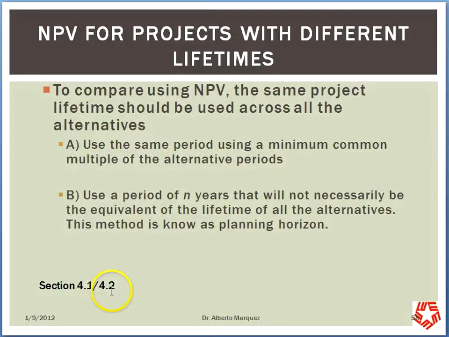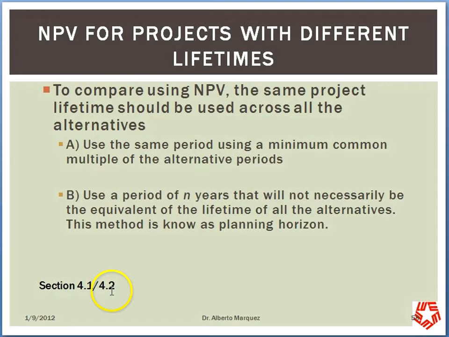For instance, if 3 projects have lifetimes of 7, 11, and 13 years, then the minimum common multiple would exceed 1,000 years, and that's just not feasible to use as a practical solution.